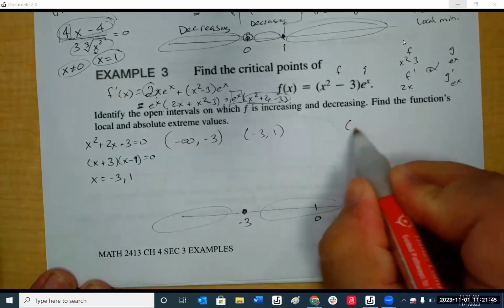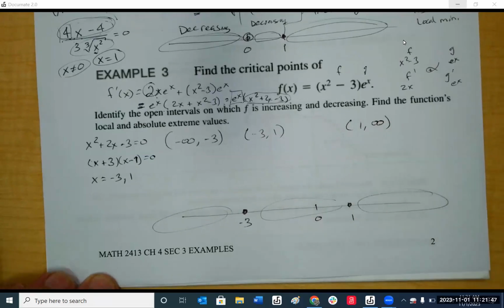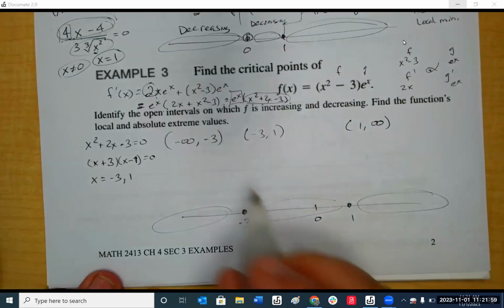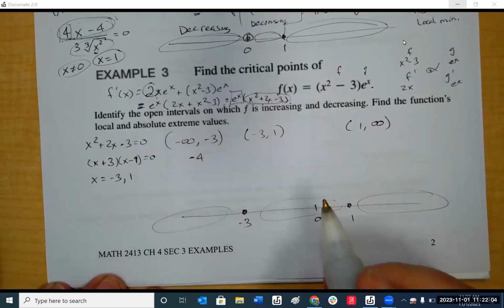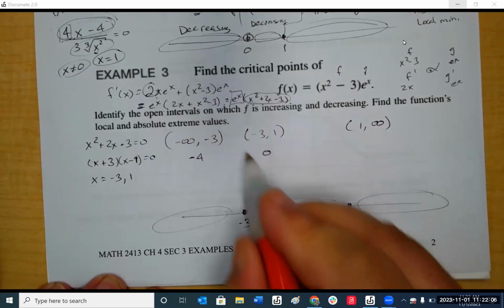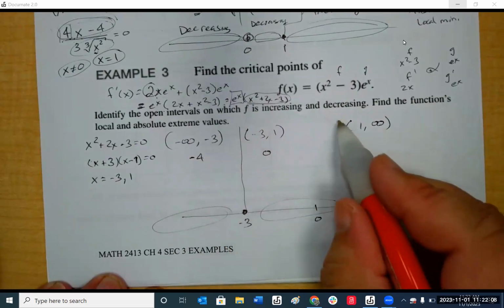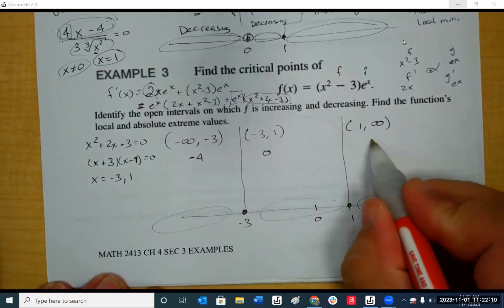Negative infinity to -3, -3 to 1, and 1 to positive infinity. Let's pick a number in each: -4, 0, and 2.